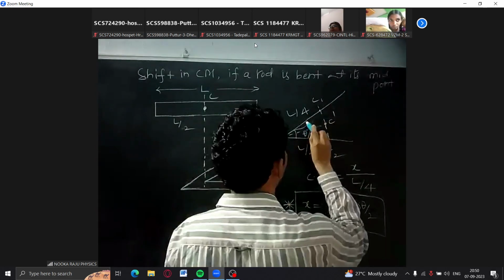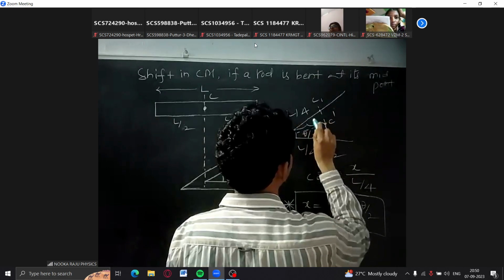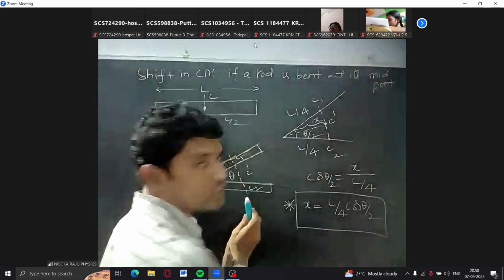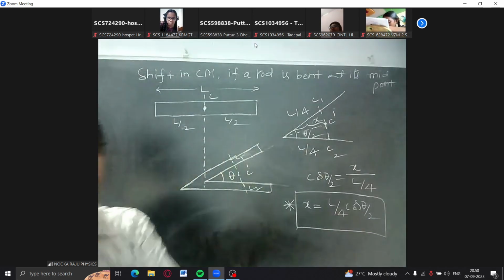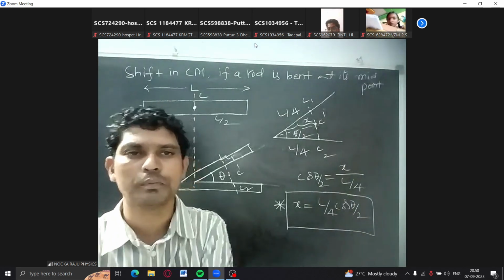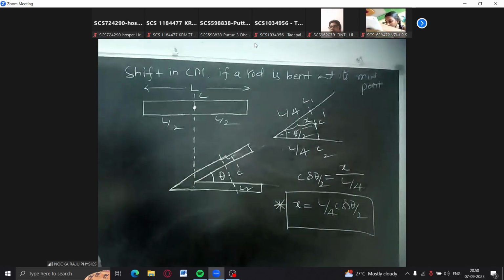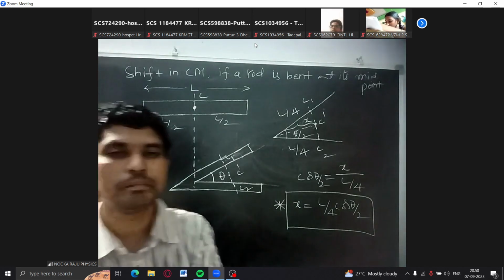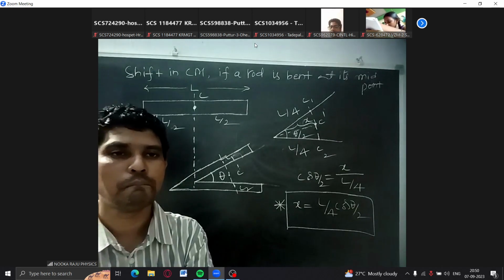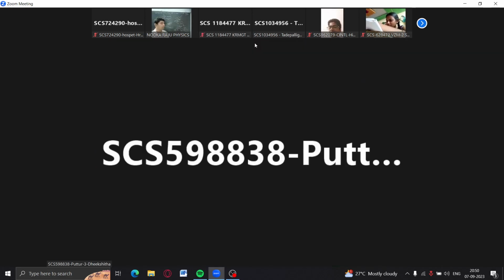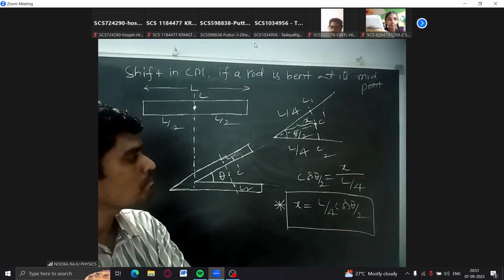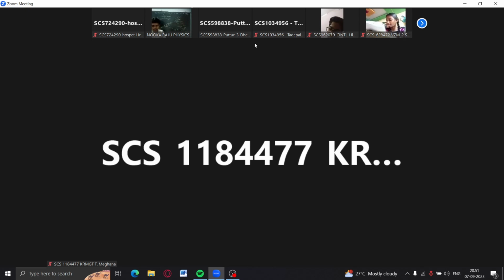The distance from origin to center of mass. So we are going to calculate the center of mass value from the origin. So finally x equals L by 4 cos theta by 2. Students, any doubt? No, sir. Are you getting? Yes, sir. Okay.